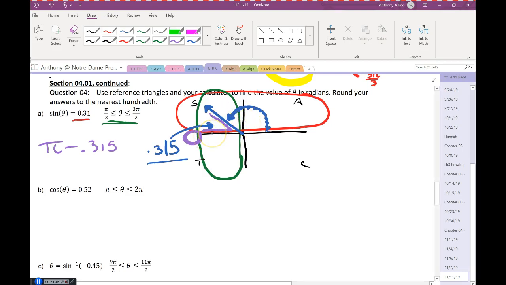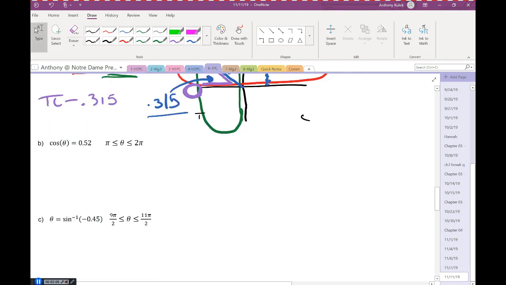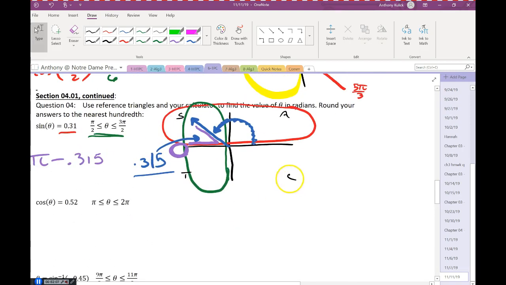Madison, would it be safe to say that if you're in the first quadrant, then the inverse is going to give you the angle that you're looking for? Not necessarily. Maybe you have a situation where the range of values is bigger than 2 pi.